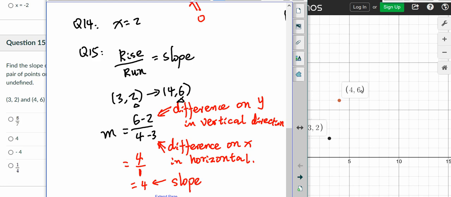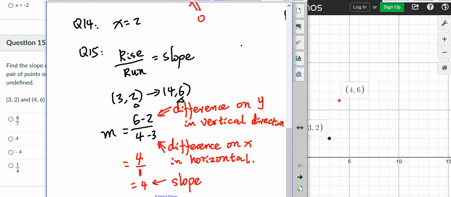You're always using the ending point number, y minus y. Let's say you start from here to the red point. And then we'll use 6 minus 2. If you use 6 minus 2, you must use 4 minus 3. You may use 2 minus 6, but you then need to use 3 minus 4. You get the same answer.